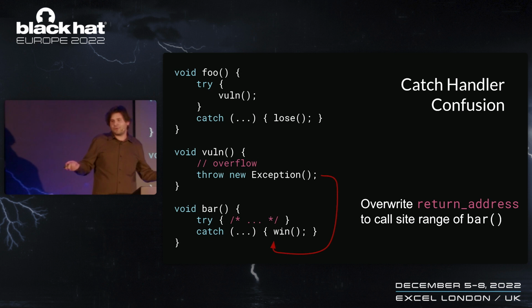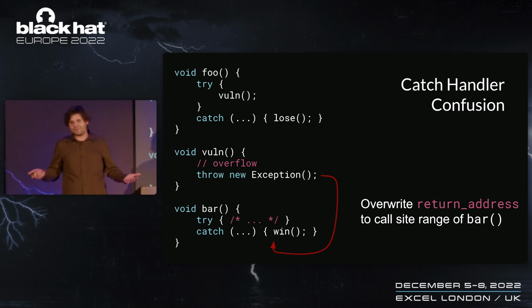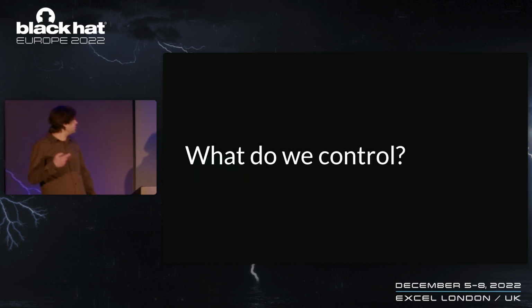But, OK, so what? So we redirect control. But these are valid handlers. These are written by programmers, and programmers always write safe code, right? So you can't do anything with this without something else. So let's talk about what we can control when we redirect to a different handler.